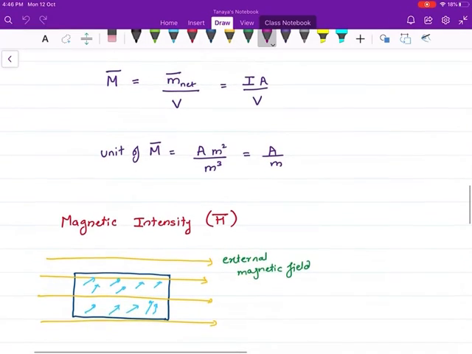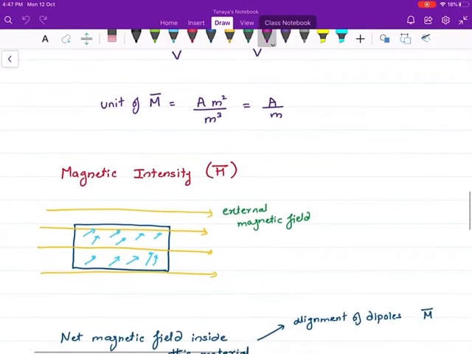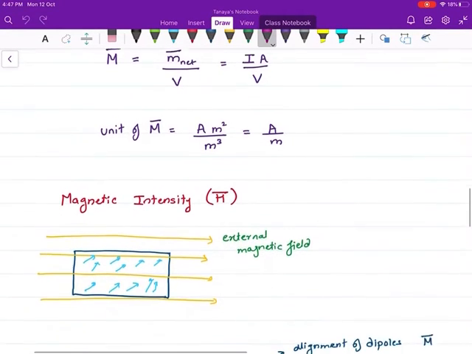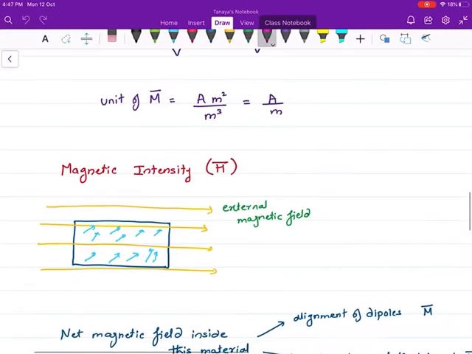So what will be the unit of the magnetization vector? A is the unit for current, meter square for area, meter cube for volume. The meter square and meter cube get cancelled and you just get ampere per meter. So the unit of the magnetization vector is ampere per meter.